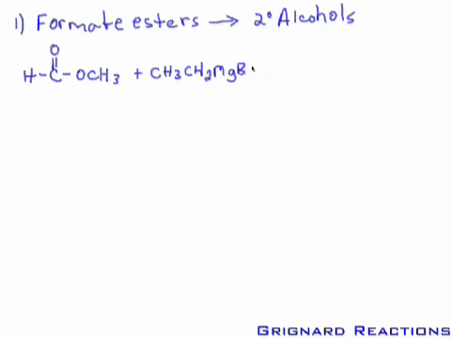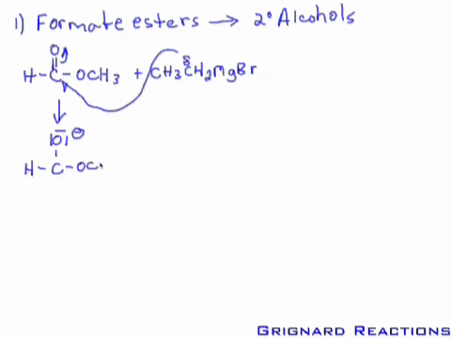Like the hydride case, carbon is more electronegative than magnesium, so there's a delta minus. This acts essentially as a C minus and will attack here. When it does so, you'll get HCO minus, OCH3, and in this case we have an ethyl now on here.